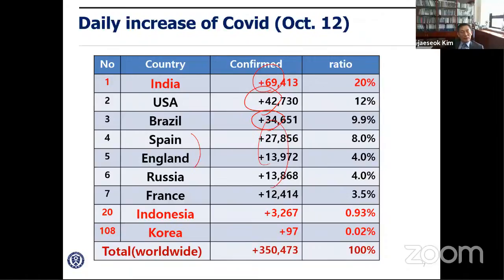But your country is about 3,000 or 4,000 confirmed cases. But our country has about 97, and we had a double-digit increase every day over the last 2 weeks. So this tells that our quarantine activities are very effective in reducing the number of infected people.